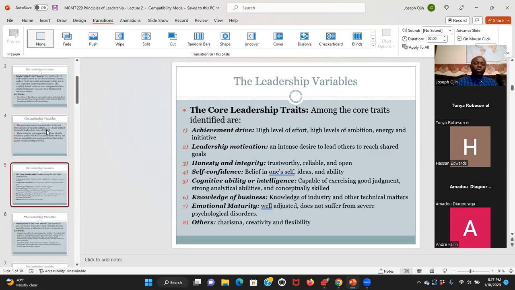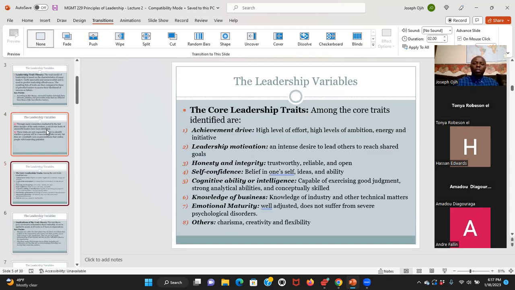Now, a natural question to ask at this point is, what are those traits we are talking about? I summarize 8 of them here. First one being the achievement drive. So the people that have that will be potential leaders or good leaders.